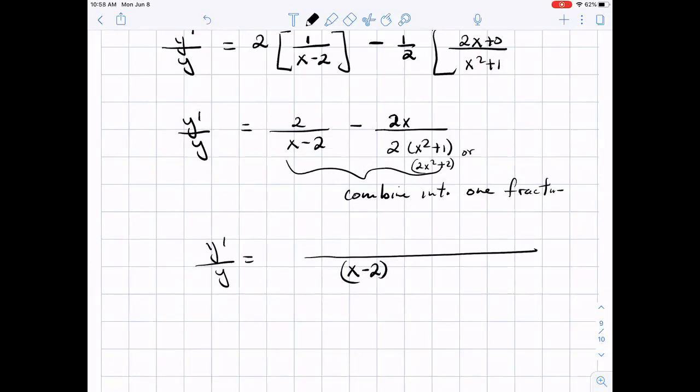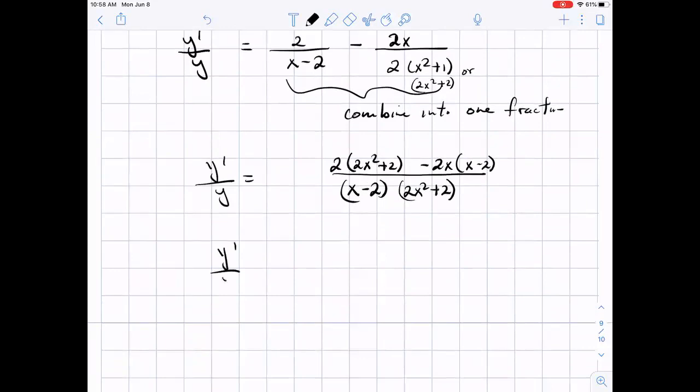So times 2x squared plus 2. If we use algebra to simplify this, this becomes 2 times 2x squared plus 2 minus 2x times x minus 2.